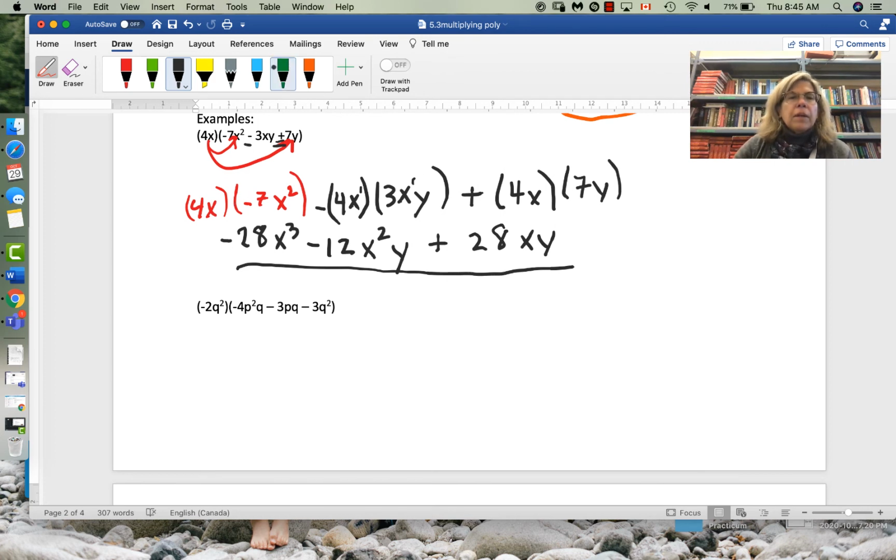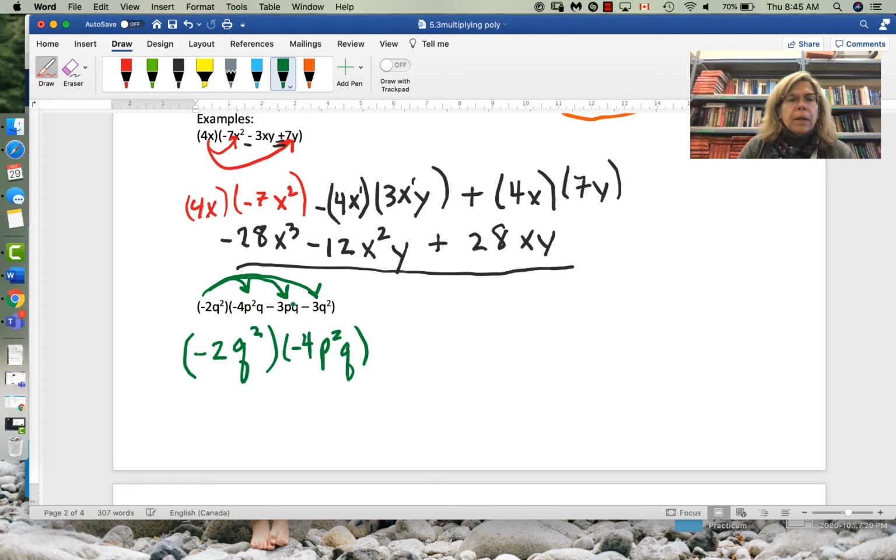Okay, and down here I'm going to do the same thing. Map each one against the next. So it's minus 2q squared times minus 4p squared q.